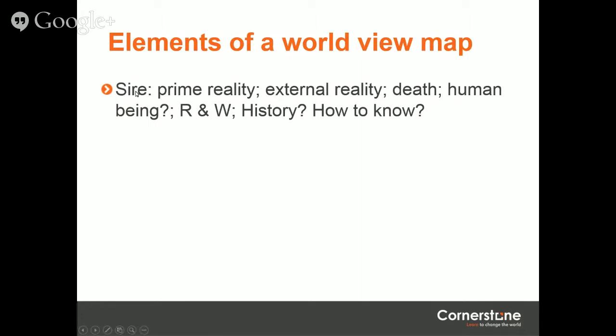So taking it from Sire, which is the reading that we have been using, we look at issues of what is the prime reality in this religion, the external reality, what does this worldview or religion have to say about death, about what constitutes a human being, how do you know right from wrong in this worldview, what about history, how does it see history, is it linear, is it cyclical, how do we know what we know? So that's the first thing that you would have to look at when you are doing a map.